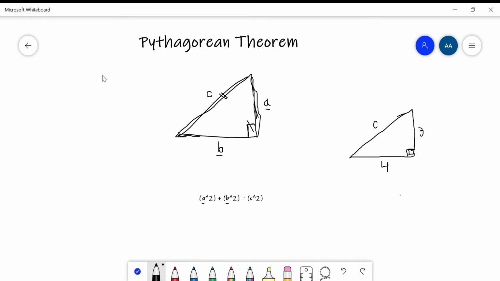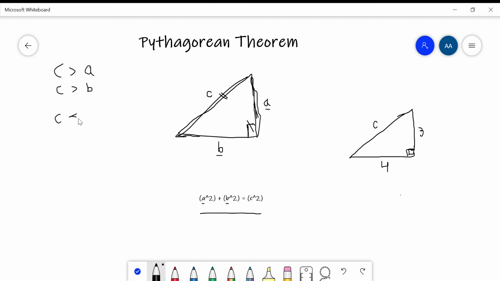And C, by the way, is the longest. So C is longer than A. I'm going to write some rules here for right triangles. C is also greater than B. And one thing that maybe not everybody catches on initially is that it's very similar in format to the Pythagorean theorem, but it has differences.